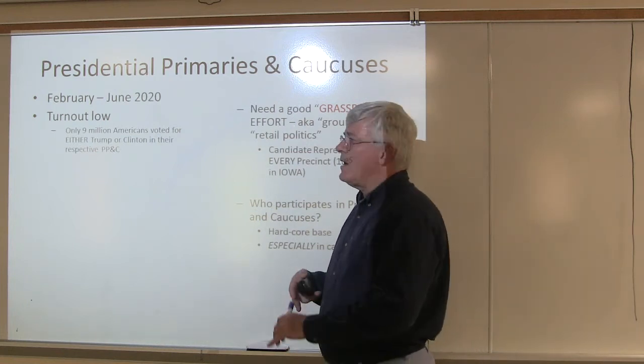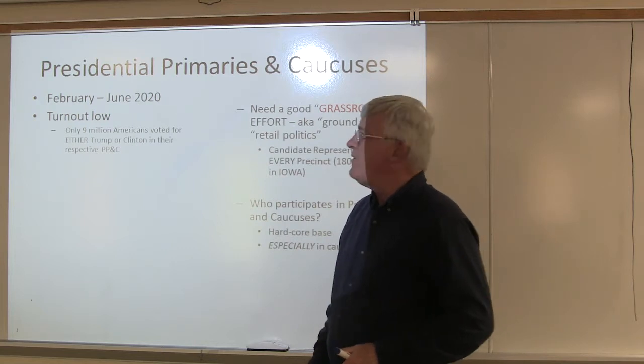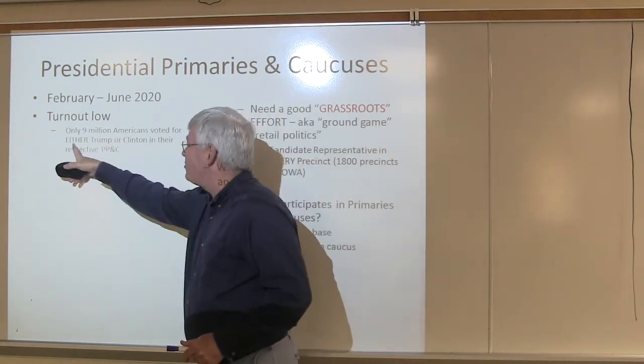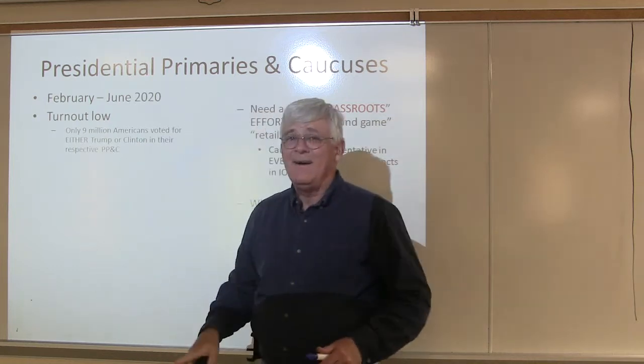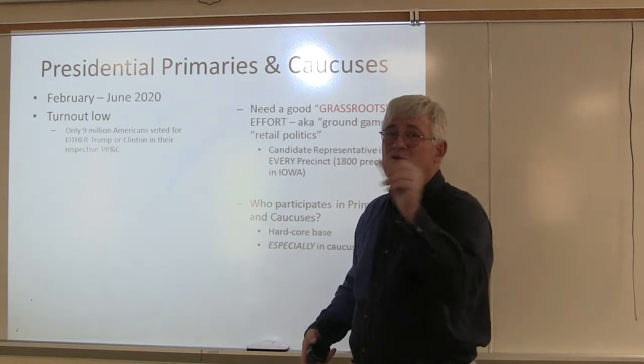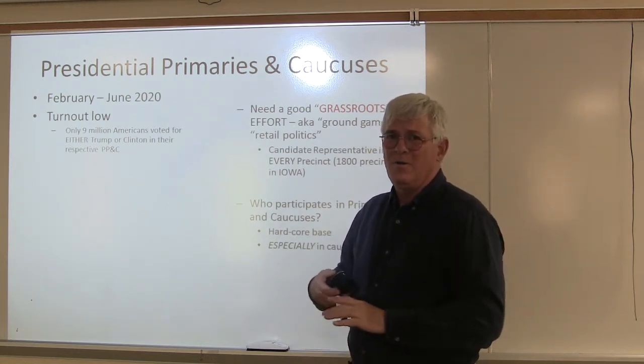So out of 250 million voting age eligible voters, 9 million Americans voted for either Trump or Clinton. So you have to split the 9 million between Trump and Clinton. Man, that is low, low, low, right?